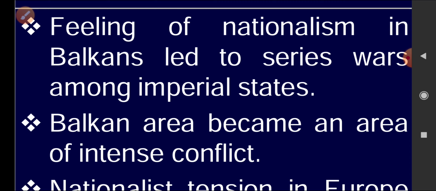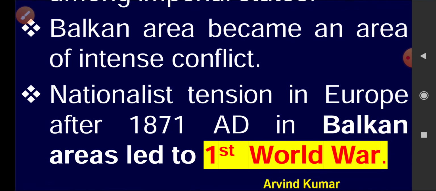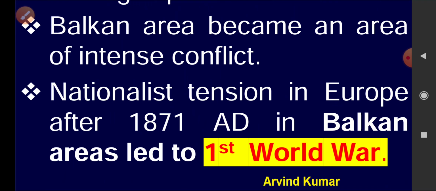These European countries too tried to expand their territories from one nation to another, which led to conflicts and wars between these nations, and ultimately the First World War began because of this Balkan region. It was the major tension area in the 19th century, or after 1871, which led to the First World War.